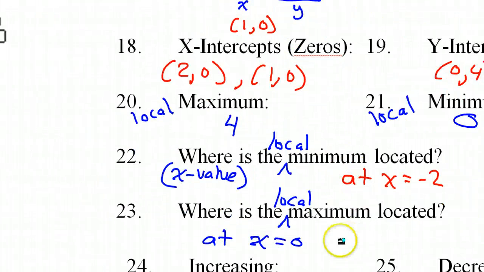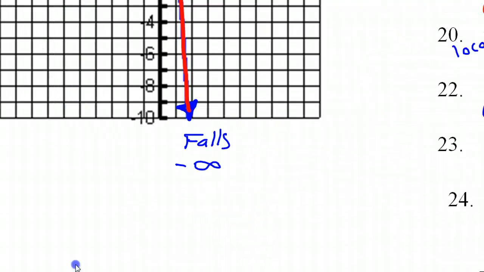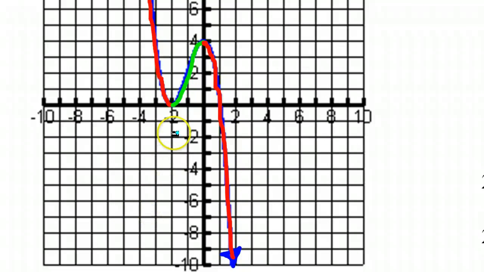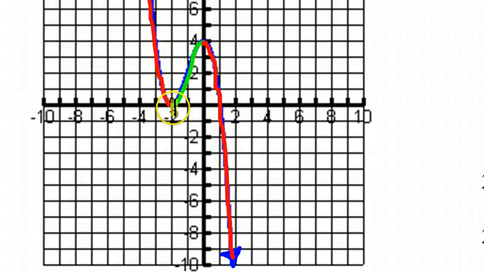Okay, so let's see. First, we'll do increasing. So let's look at the green part of the graph. All right, the green part, that's the increasing part. But please, just give me the domain, okay? You should only be looking at x values. So the green part of the graph just goes from here to here, x value wise. So in other words, the domain of the green part, on the left it goes to -2, and on the right it goes to 0.